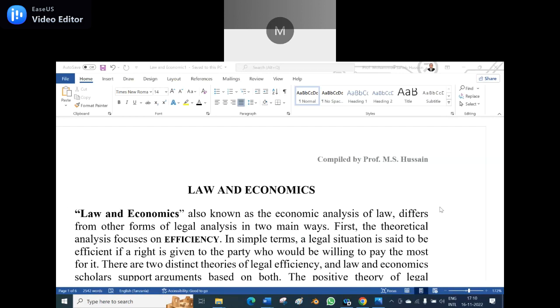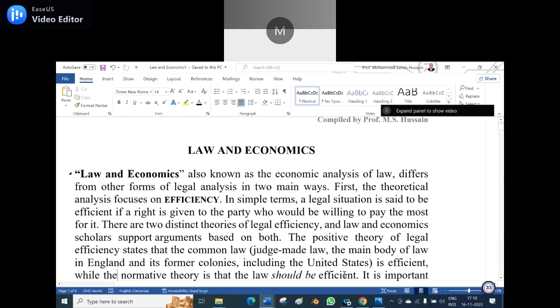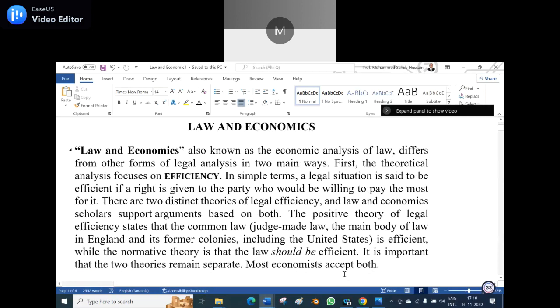There are two distinct theories of legal efficiency, and law and economics scholars support arguments based on both. The positive theory of legal efficiency states that the common law, which is nothing but judge-made law, the main body of law in England and its former colonies, including the United States, is efficient.